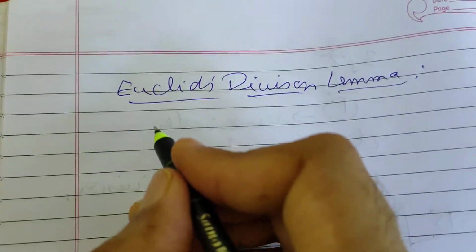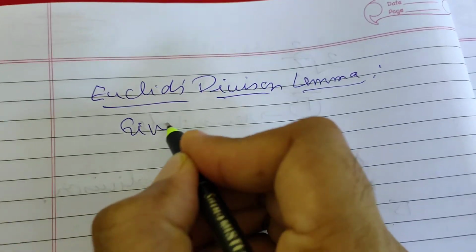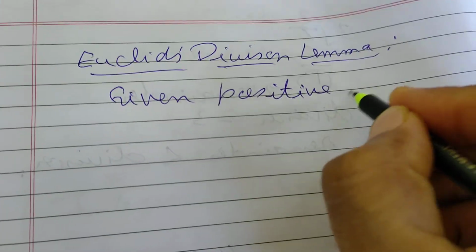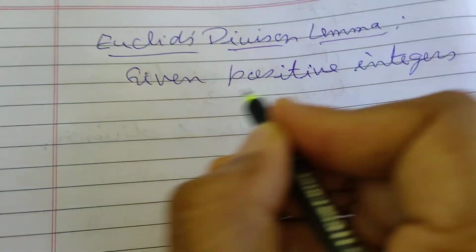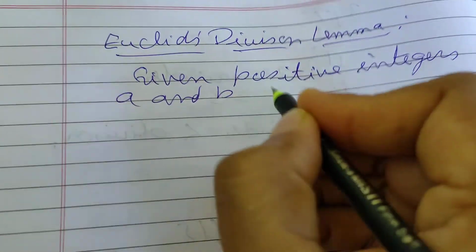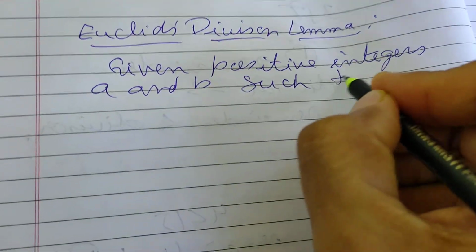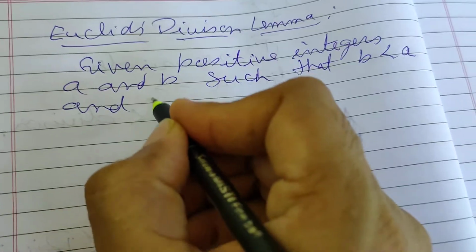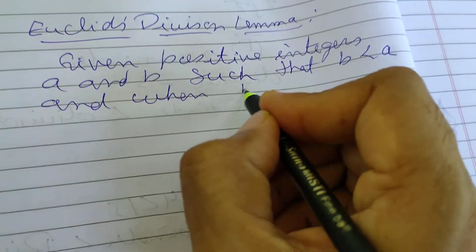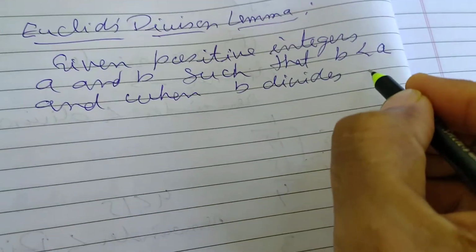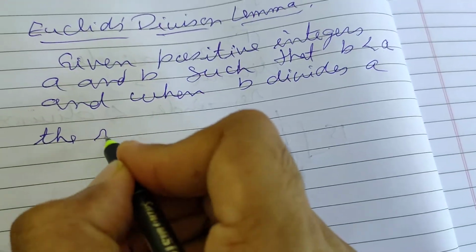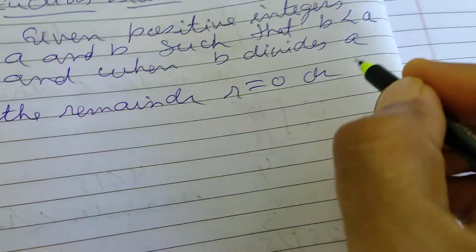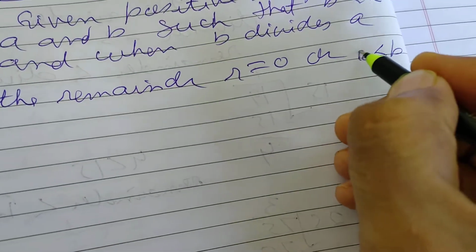So what is Euclid's division lemma? Given two positive integers A and B such that B is less than A, when B divides A, the remainder R is equal to 0, or R is less than B, that is the divisor.